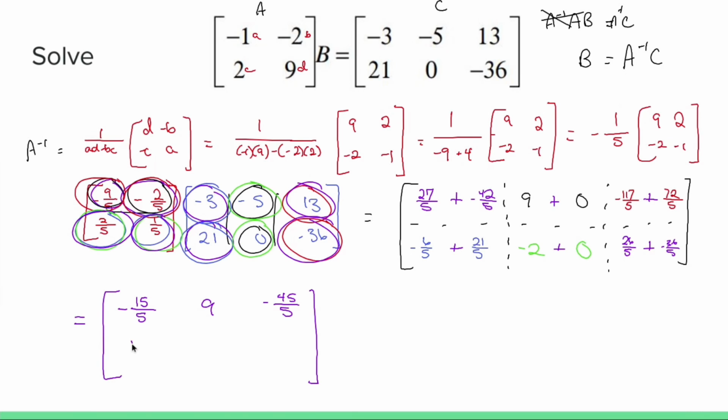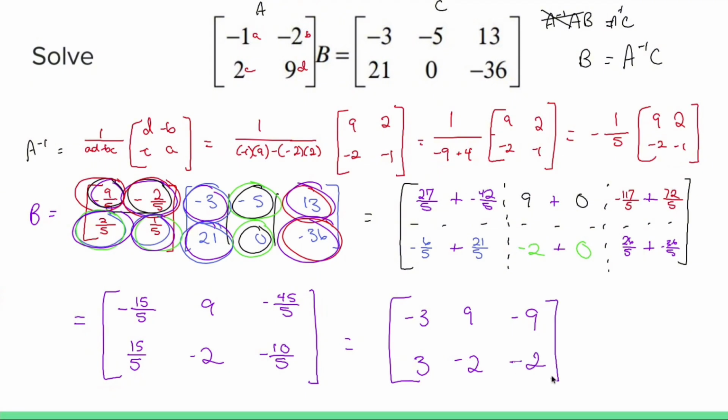Negative 6 plus 21 is 15 over 5, negative 2, and just making sure I did my math right. You never know. Oh, that's 26. Oh, please, negative 10 over 5. Why am I overthinking that? So this does clean up pretty nicely. Okay, so B, after all of this, B will end up being negative 3, 9, negative 9, 3, negative 2, negative 2. Okay, matrices, fun.